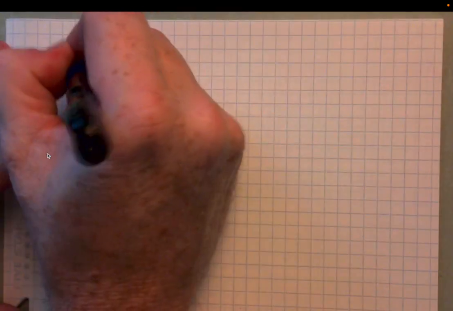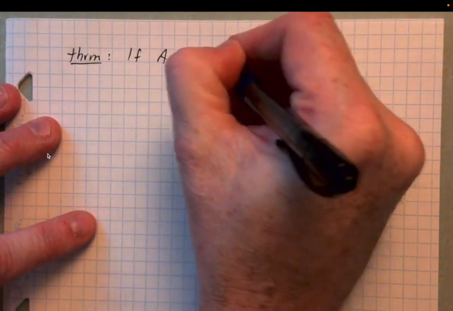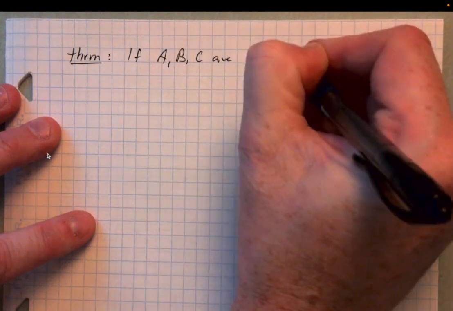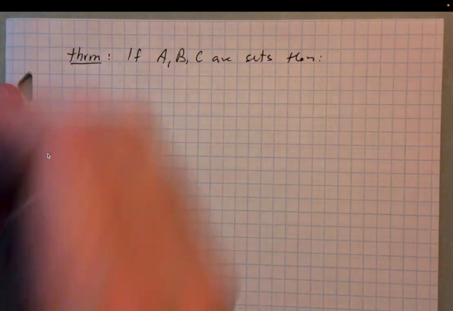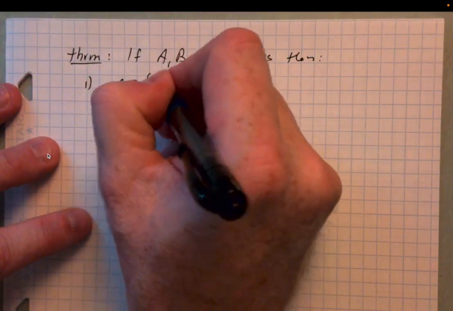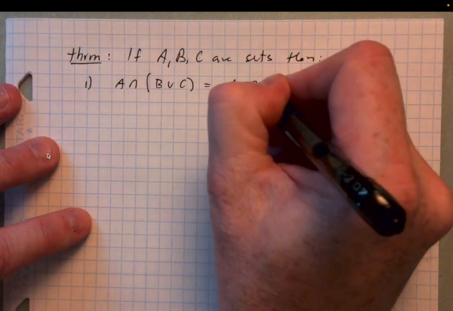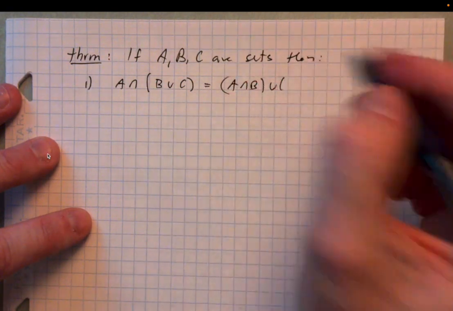The first theorem I want to talk through is basically De Morgan's laws and the distributive laws for sets. So if A, B, and C are sets, then the following. First, A and B or C is equal to A and B or A and C.